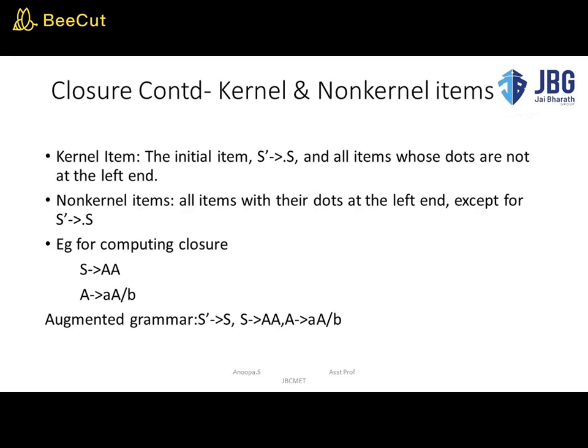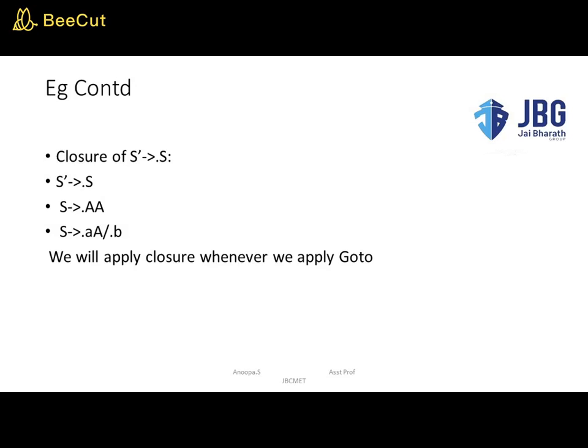Second is, if A giving alpha dot B beta is a production in closure of I, note that the dot operator is after alpha and before the symbol capital B. Then what we have to do? Then we have to check whether there is a production B giving gamma.